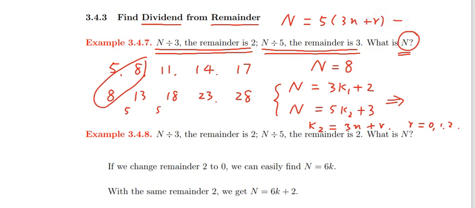So n equals 5k2 plus 3, which equals 15n plus 5r plus 3.